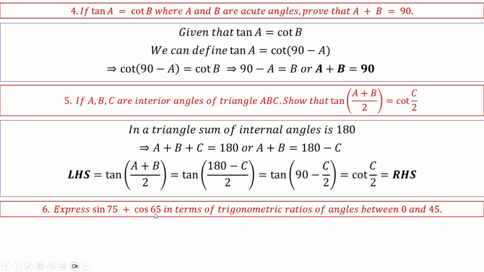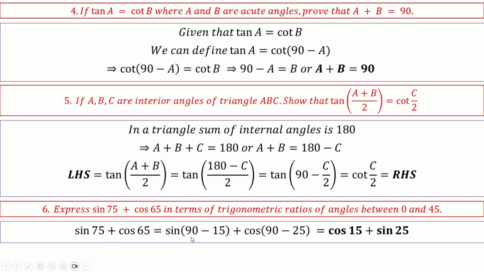Express sin 75 plus cos 65 in terms of trigonometric ratios of angles between 0 and 45. You take complementary angles, 90 minus 15, 90 minus 25. Sine will become cos 15, cos will become sin 25.